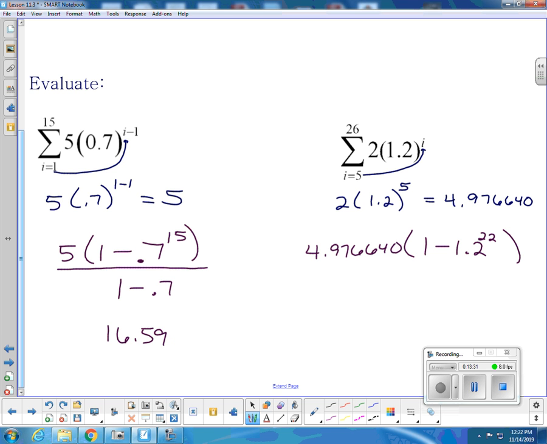All over 1 minus 1.2. Keep all those decimals.